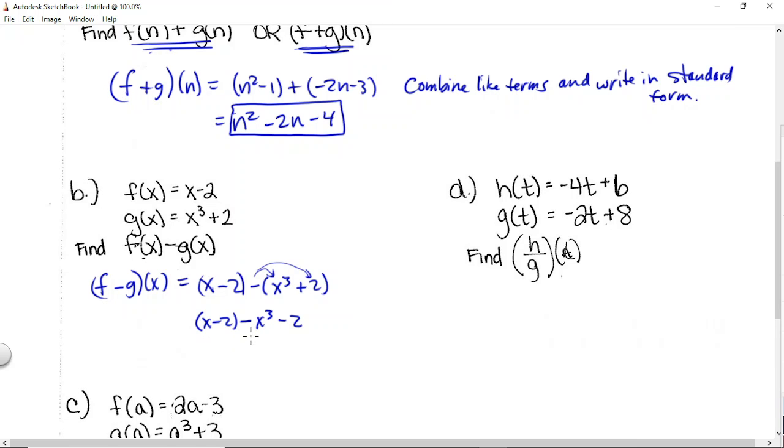The largest exponent is this one, which has exponent 3, so we'll write it first, negative x to the third. Then next we have plus x. And then we combine this negative 2 and negative 2. That's negative 4. Okay, so that is it. Okay, let's look at C.